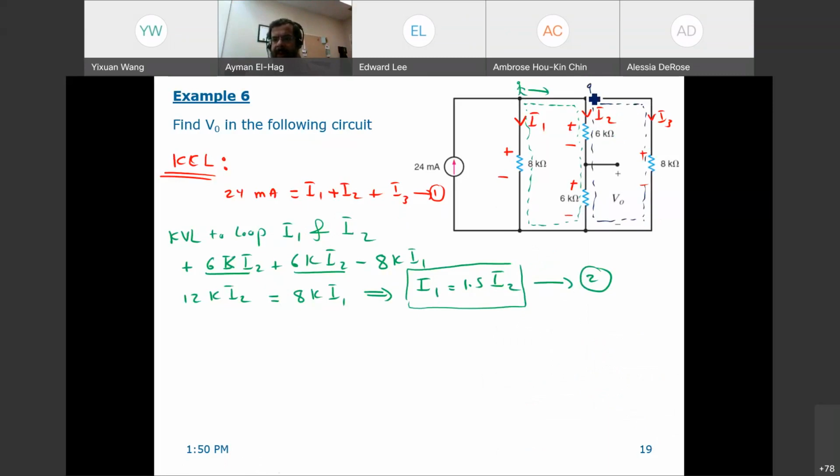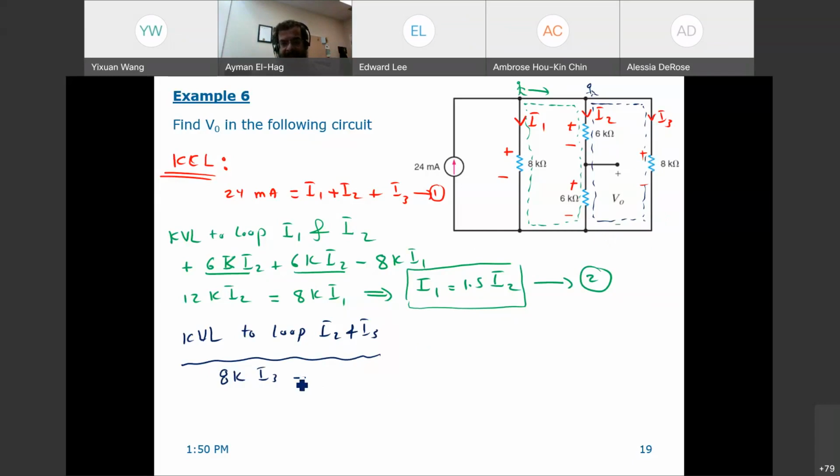Again, we'll start from here and go clockwise. So we'll have KVL to loop, now which loop? Let's say I2 and I3. So we'll have 8K I3, minus, because when you go this way, coming here, the first thing you see is the minus sign here.